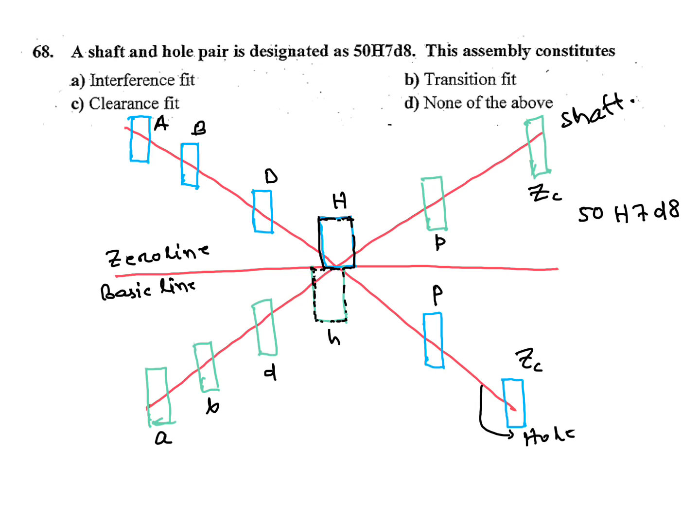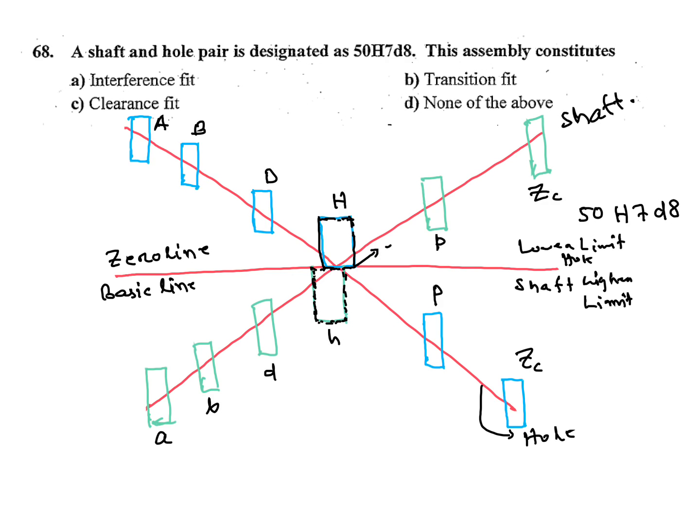Already we discussed in my previous video, the lower limit of hole is 0 at the basic line, and the shaft higher limit is at the basic line.